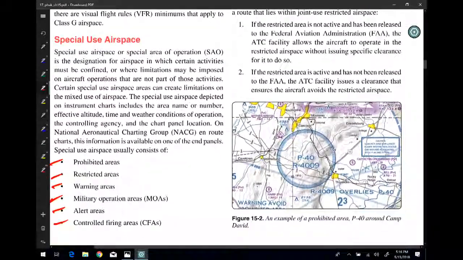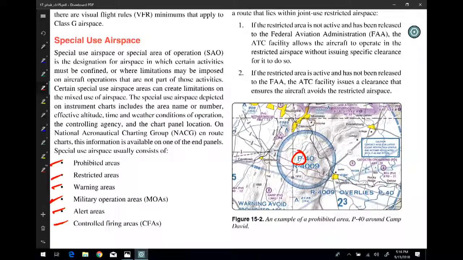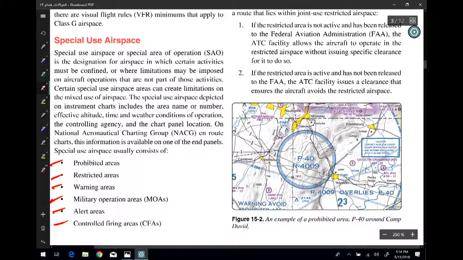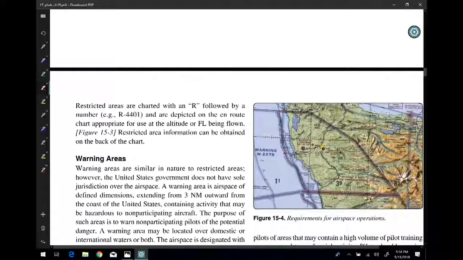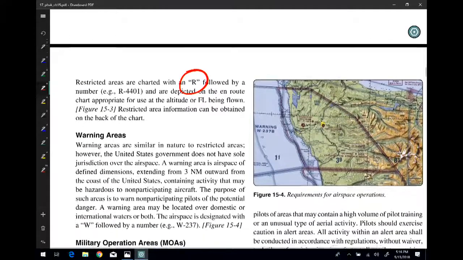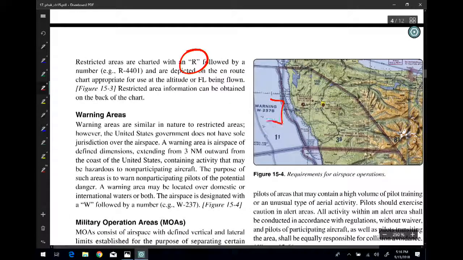This first one that they're showing here with the P, remember that P? It's prohibited. Okay? That's going to be an area around Camp David, and guys, you just don't want any part of that. So that's going to be a prohibited area. Then you could also have restricted areas, with an R, and warning areas. If we look at warning areas here, these are areas you'll see on a map.